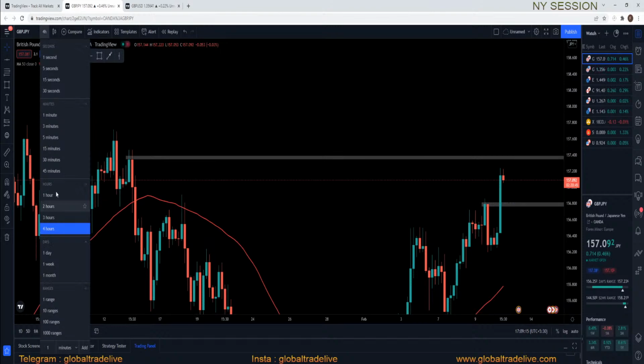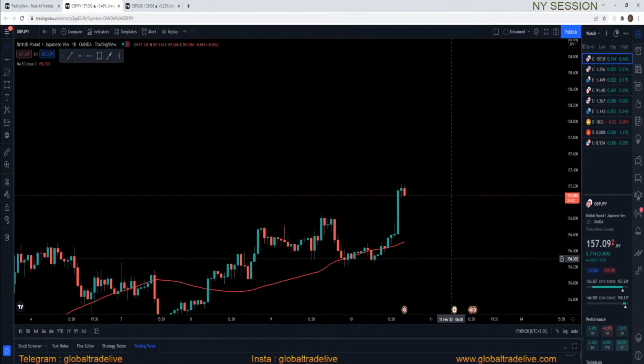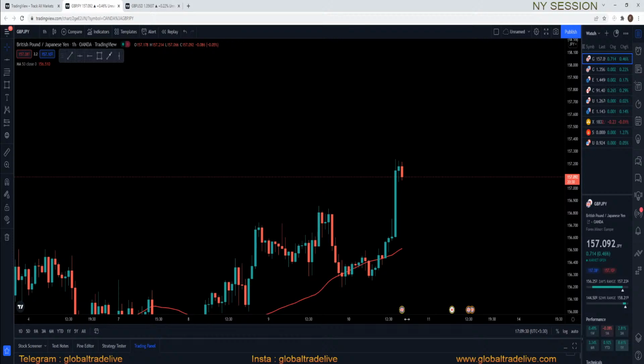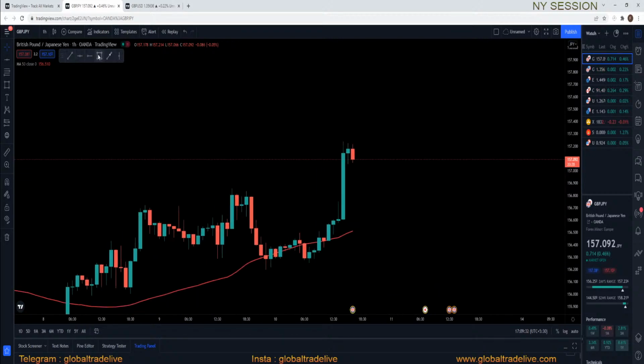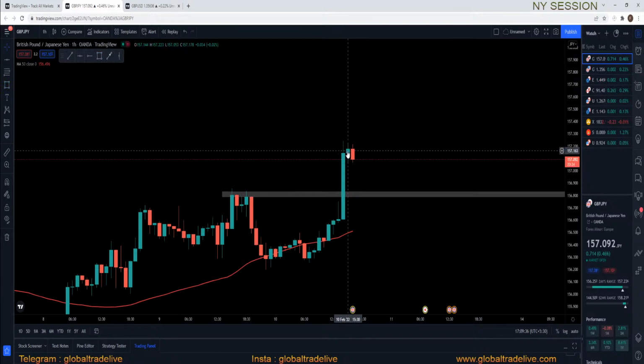So let's have a look at the 1-hour. The 4-hour is also bullish for me, but it can do a reversal and then go up from here. If we talk about the 1-hour, this was the point from where the 1-hour just went all the way up.